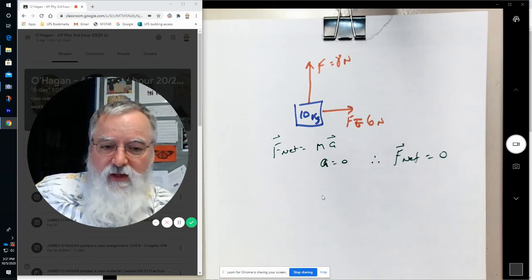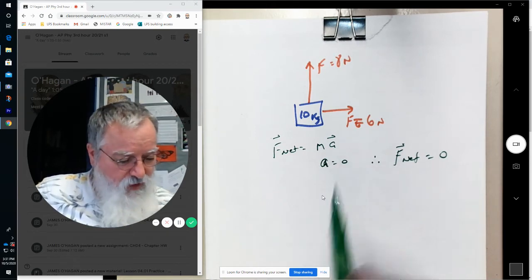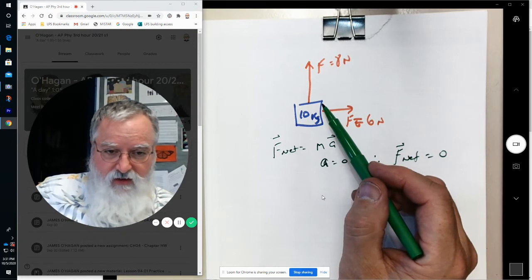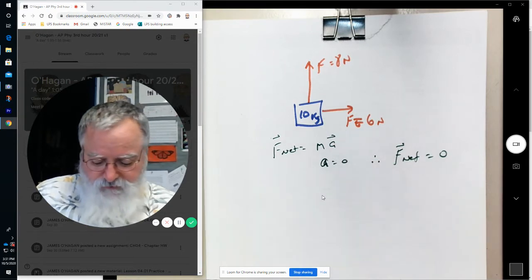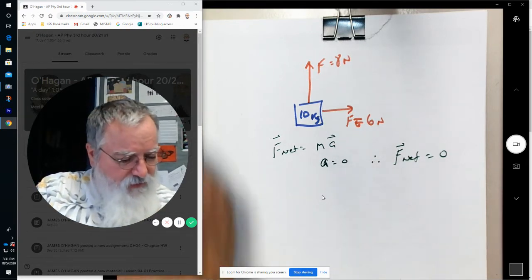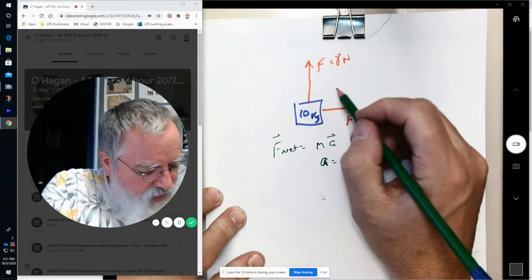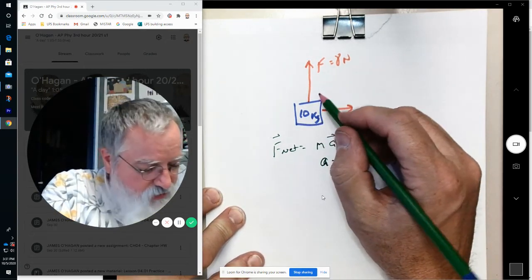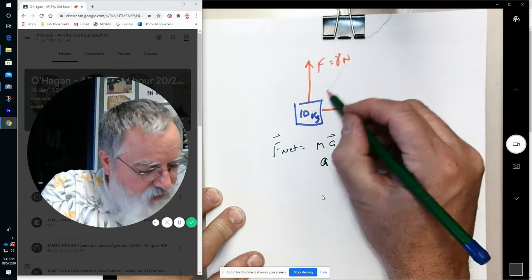The other way to come up with net force is do a vector addition. The whole idea was, what is the third force I'd have to add to keep this thing from moving? Well, here's how I do it. I'm going to take these two and find out what the addition of these two vectors is. It's going to be up in here to the right.